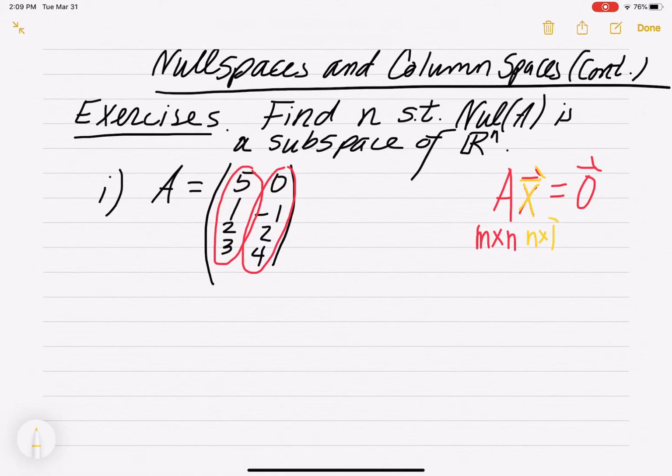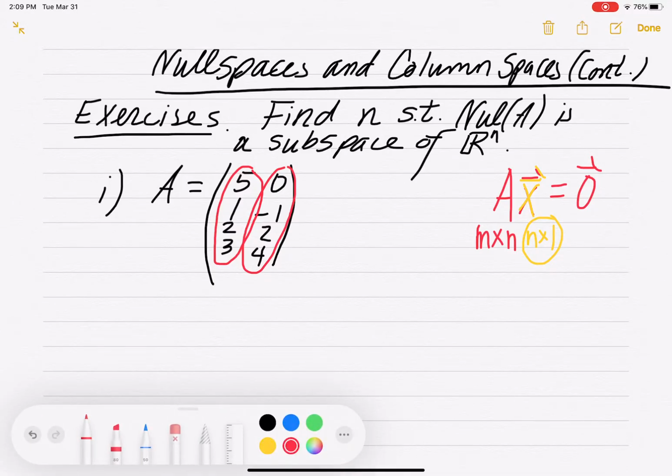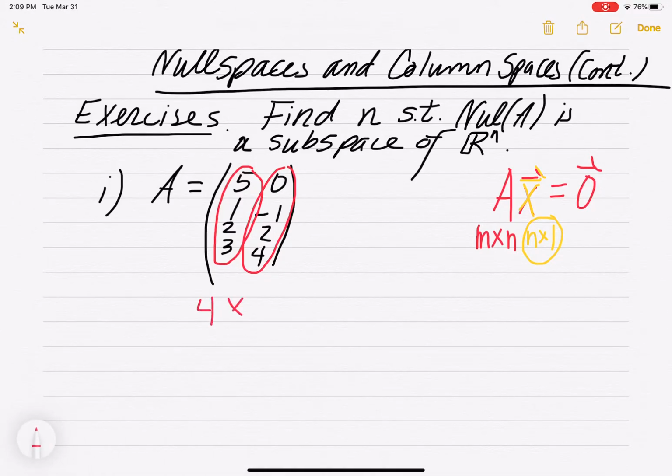So your vectors here are going to be in Rn. So in this case, if we had a 4 by 2 matrix, all the solutions to Ax equals 0 would be a subspace of R2.